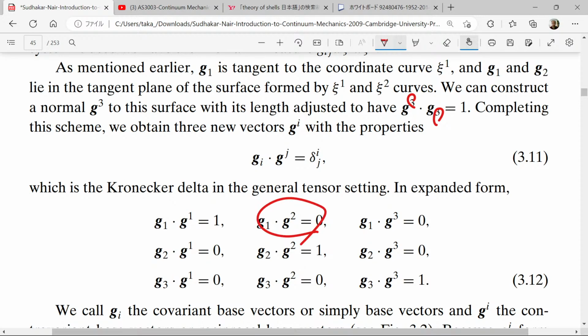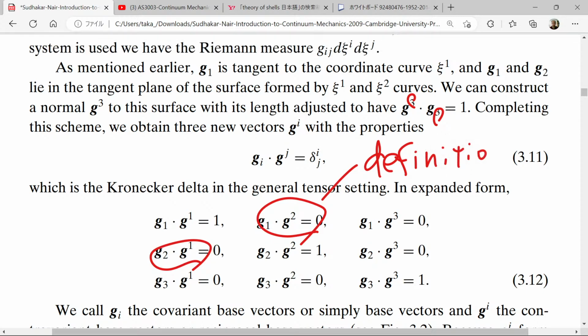Like this, for example, 1, 2, 1, 2, 2, 3, 3. So this is more like a definition for Gi up.